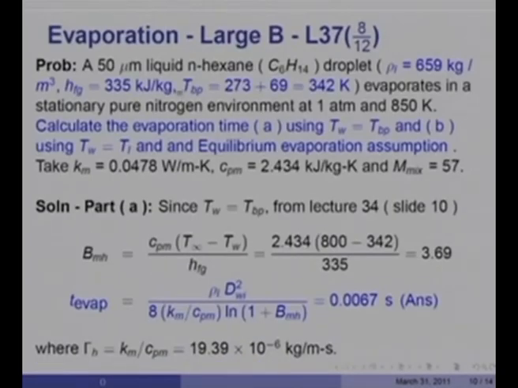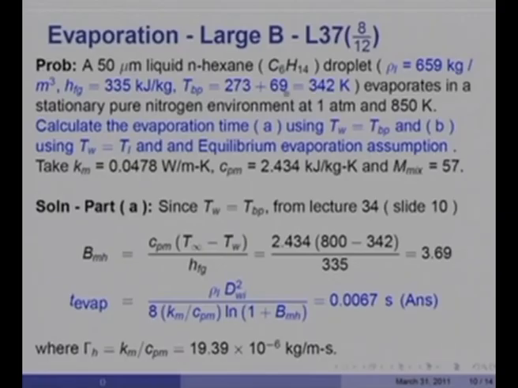Now, we look at evaporation problem. A 50 micrometer liquid n-hexane droplet whose density is 659 kg per meter cube. Its latent heat is 335 kilojoules per kilogram.